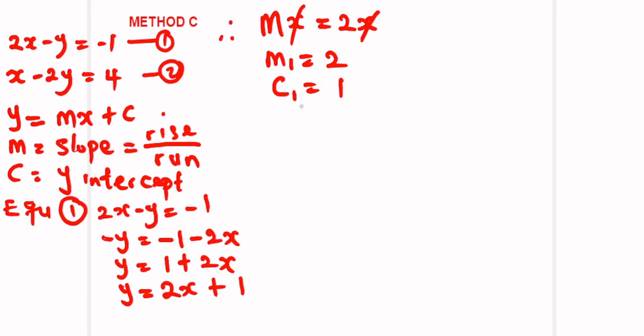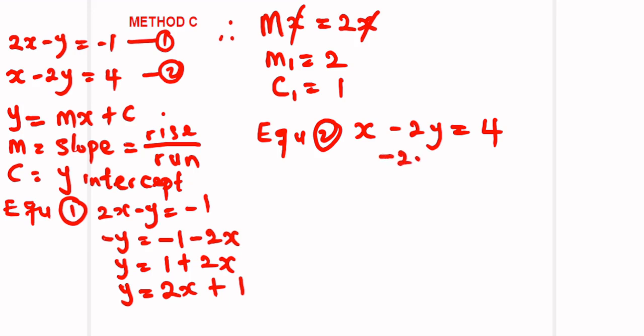Now let's work with equation 2. So for equation 2, we have x minus 2y equals 4. So we have to make y the subject of formula again.